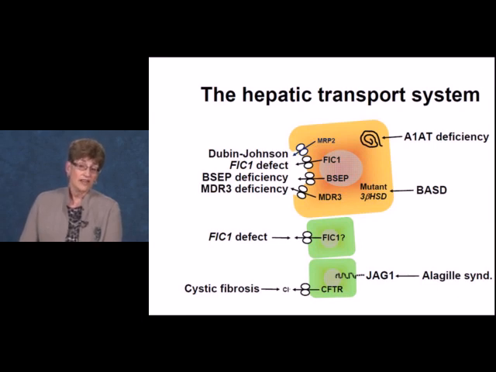FIC1 also can be found on the biliary cells, CFTR from cystic fibrosis, JAG1 from Alagille syndrome, and then the mutant alpha-1 antitrypsin caused by alpha-1 antitrypsin deficiency, causing an abnormal protein in the hepatocyte. All of them result in deficiencies and defects in transport either through the hepatocyte into the biliary system or through the biliary system into the intestine.